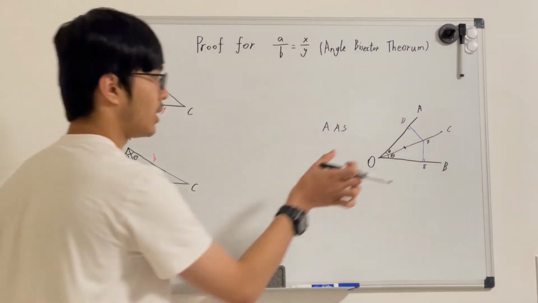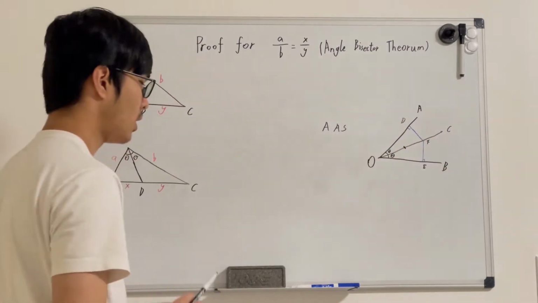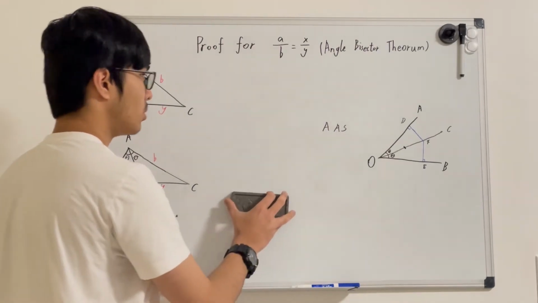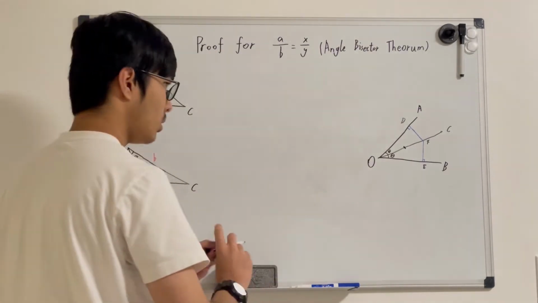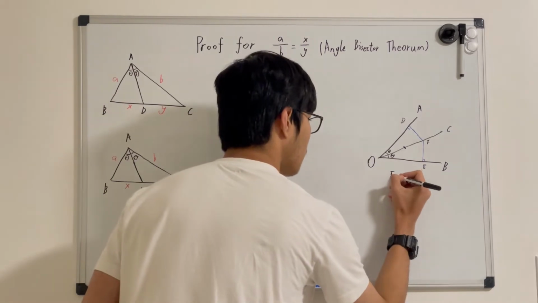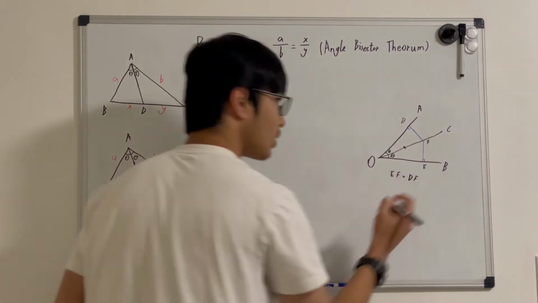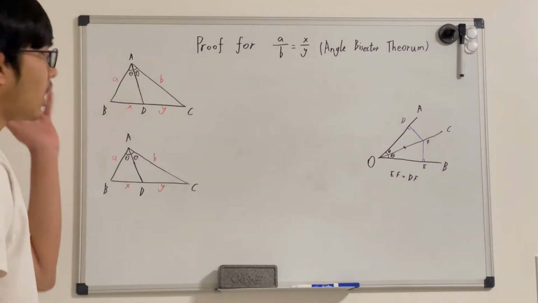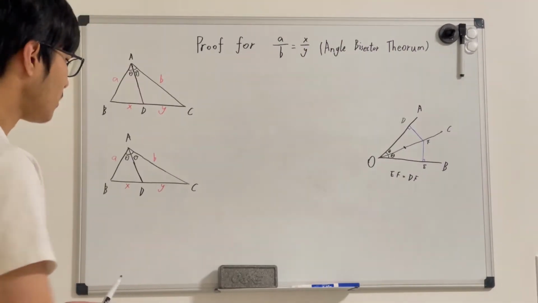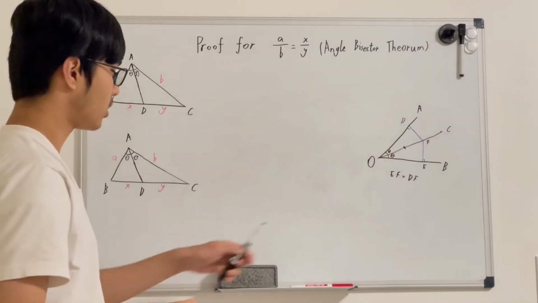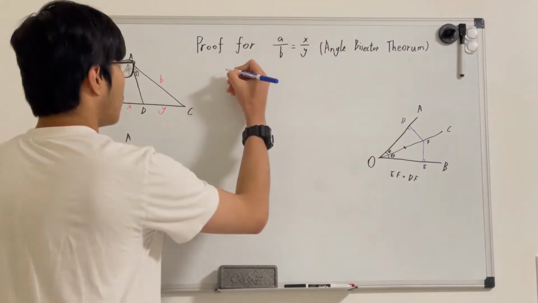Thus, we can conclude that DF equals EF. Okay, so after knowing this, we need to keep that in mind. I'm just going to erase this one and write EF equals DF.